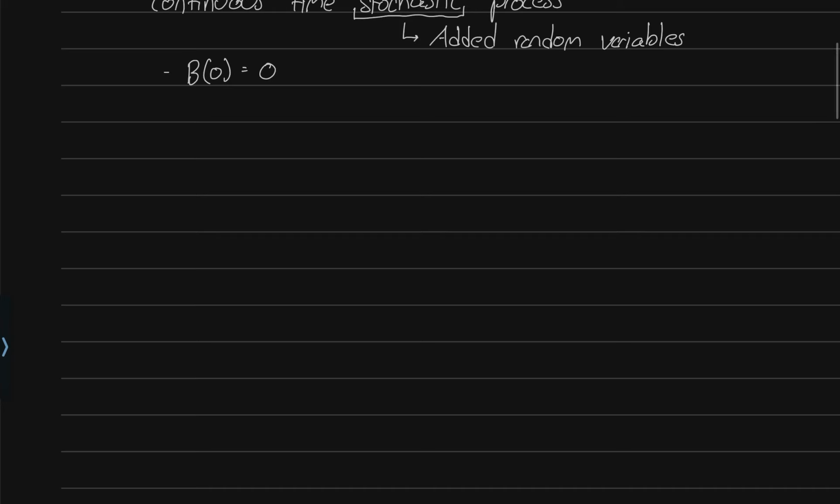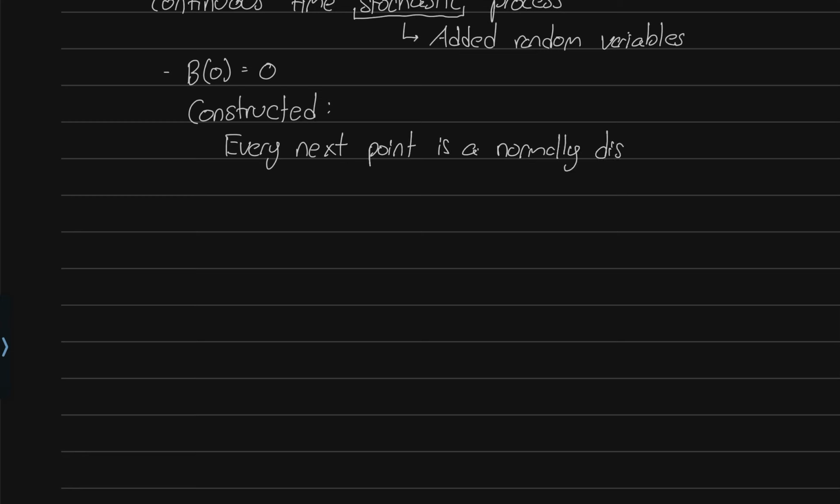We also constructed our Brownian motion in such a way such that every next point is a normally distributed random sample from the previous point.